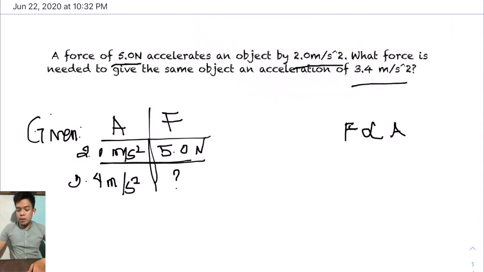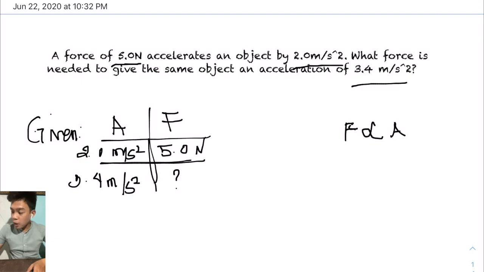Dealing with this type of problem, we need to analyze it first. We said directly proportional. From 2.0 meters per second squared, it becomes 3.4 meters per second squared. What happened to the force of the object, 5.0 newtons?